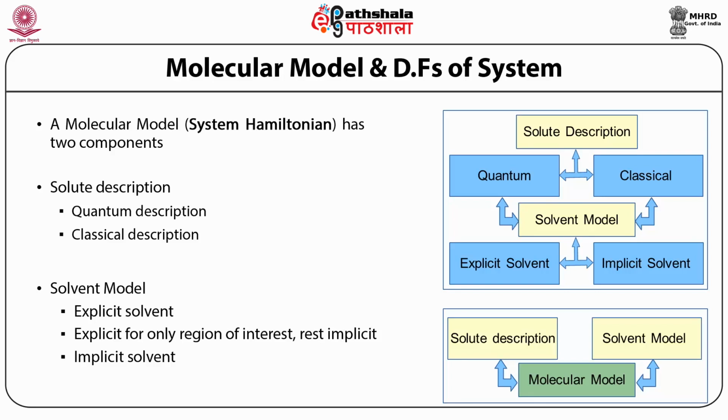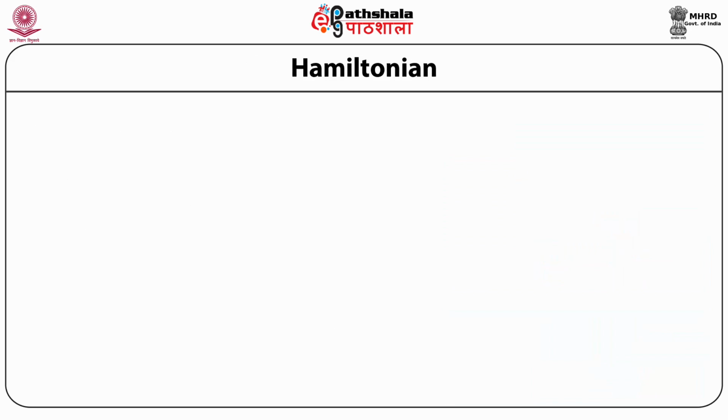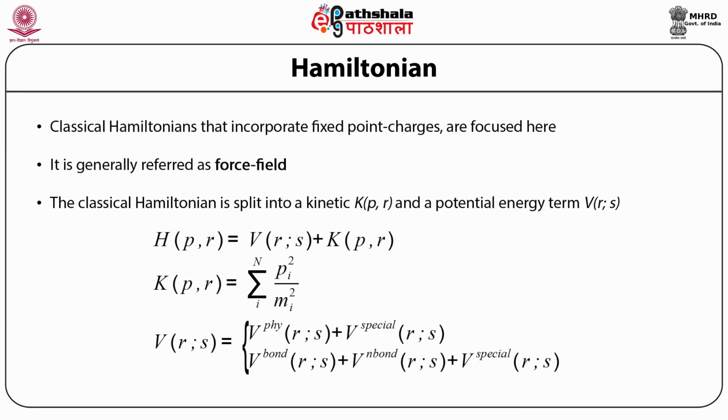So, generally we like to use this modeling. What is the Hamiltonian? The classical Hamiltonian explains everything here as it can be explained by two terms. Kinetic energy is very easy to measure because we have a velocity of the system.